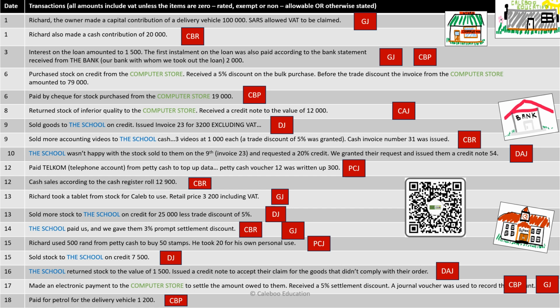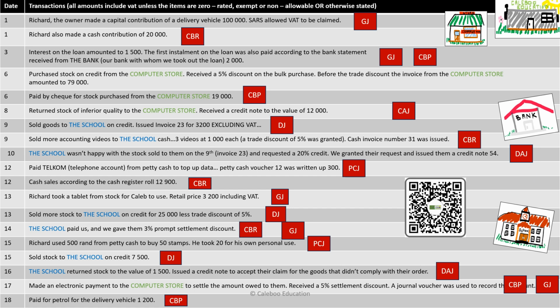If you've seen some of my other videos on the cash book receipts, the cash book payments, the petty cash journal, you will know that these are the transactions for Calibu Education for the month of February. All the amounts include VAT unless otherwise stated.